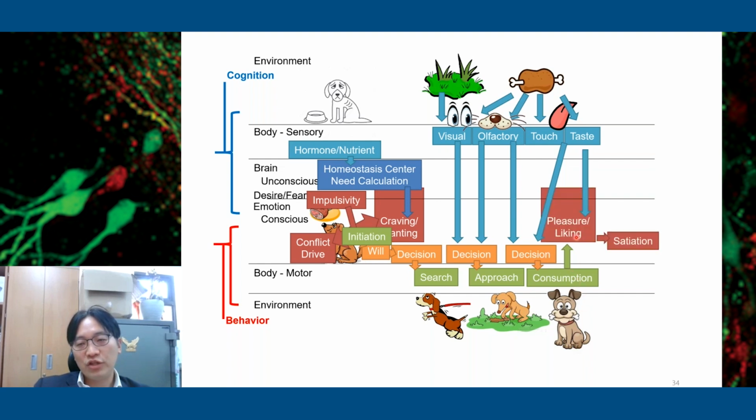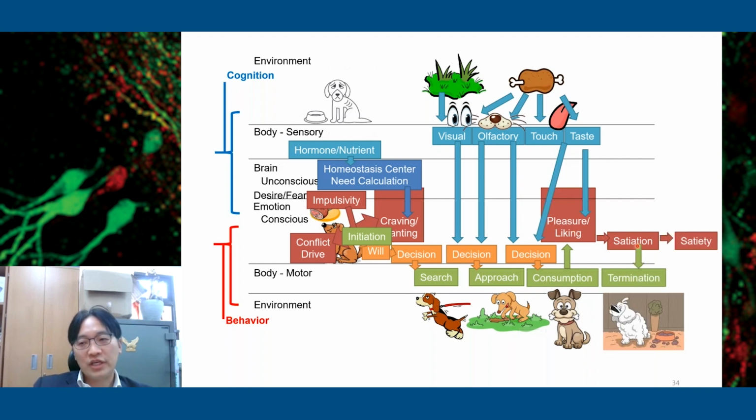When you start to put it in your mouth, you taste the sweetness or saltiness, and then you experience the pleasure. Oh, it is so delicious. The pleasure is at this moment, and you keep eating it, and like 10 minutes later, you feel, oh, I'm so satiated. I feel so full. I will stop eating. So this is the behavior layer that we can measure in the mouse.